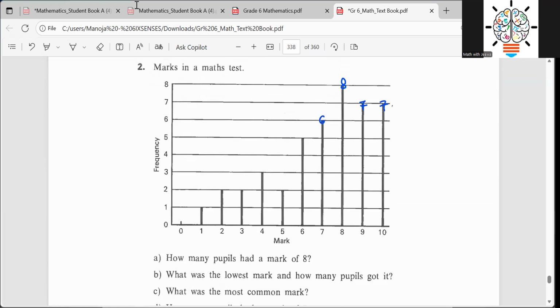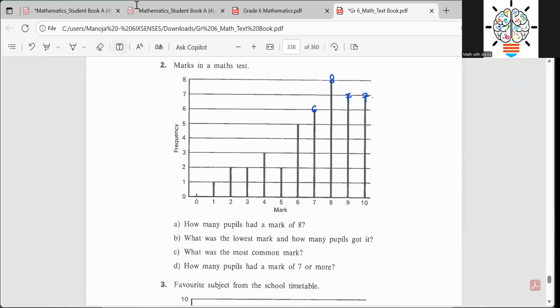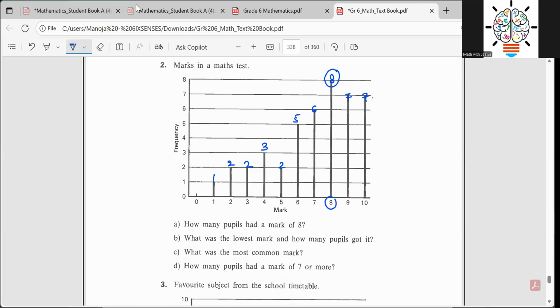So then we will move to the next one here. Let's see what I have done. Again, you want to write the number. Here I have not completed this one: 5, and this is 2, this is 3, 2, 2, 1. How many pupils had a mark of 8? 8 students have got marks 8.